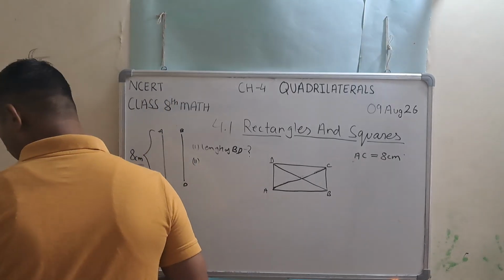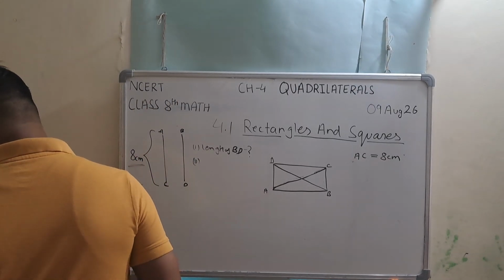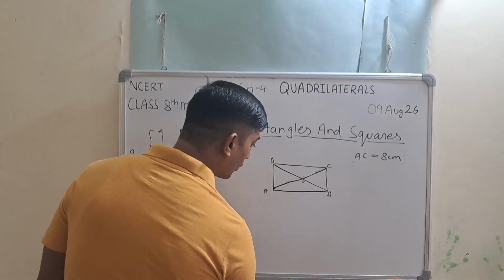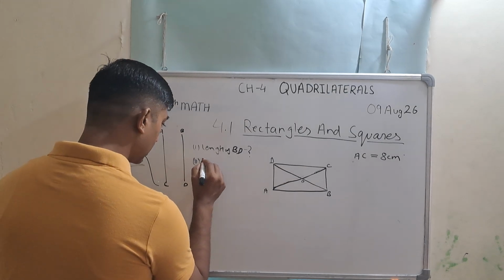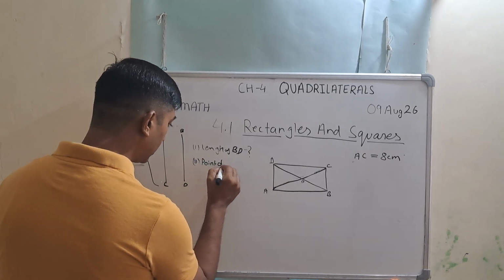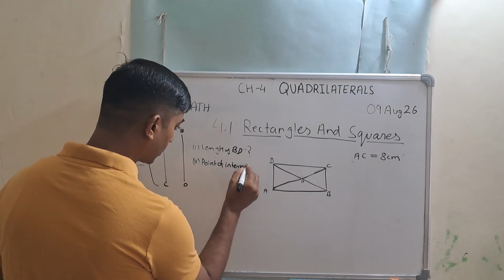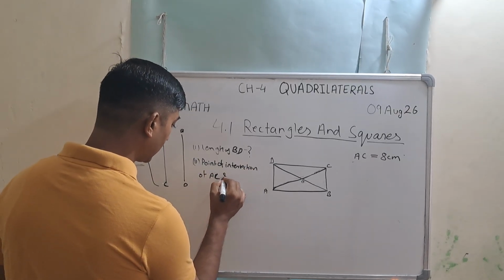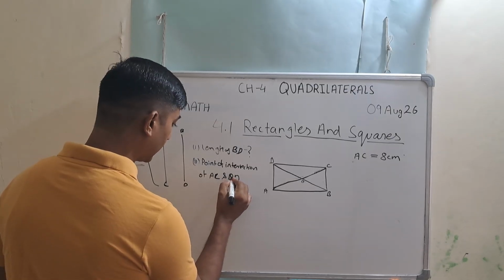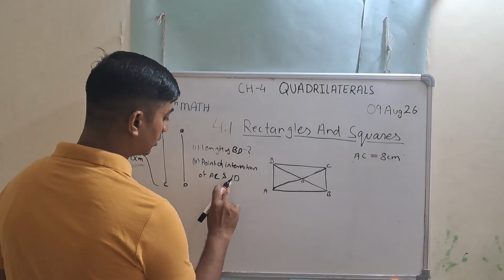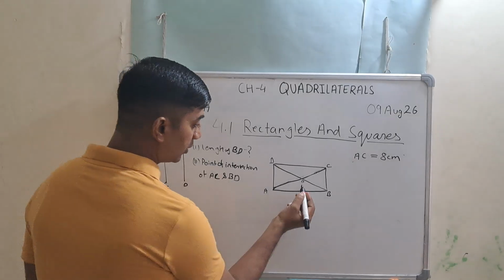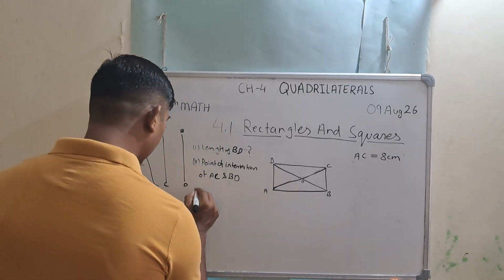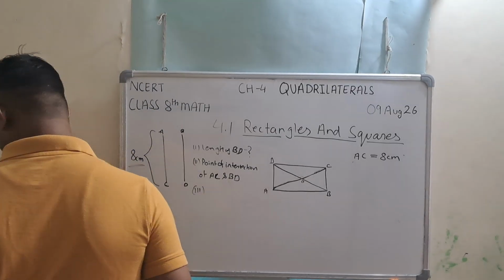And what is the second point? The second point is we have to ensure what this is. This point is O, the point of intersection of AC and BD. Understood? We have to just find out the nature of this point. And what is the third point which we have to see?